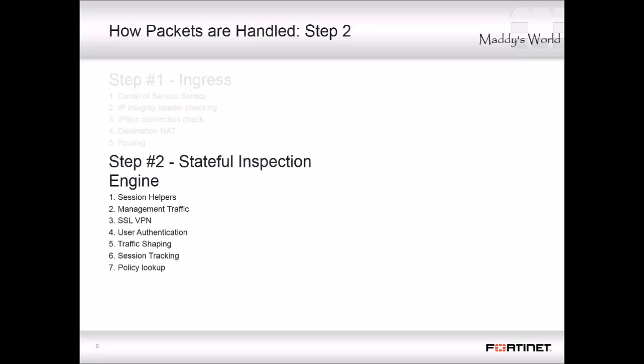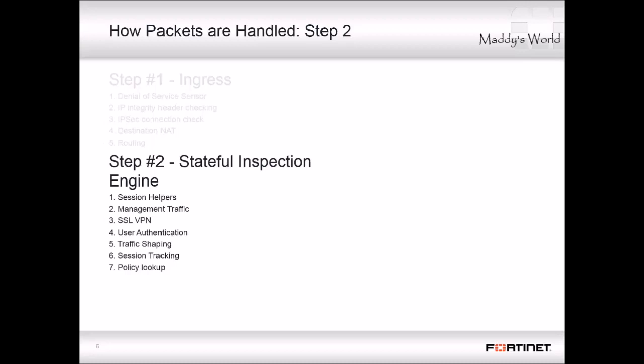After that, we get to step 2, which is the stateful inspection engine. The first thing to kick in here are the session helpers. We'll be talking a little later about what exactly those are. After that, the unit checks to see if this is management traffic for the unit itself. Next we move on to SSL VPN check, assuming that it has been enabled.